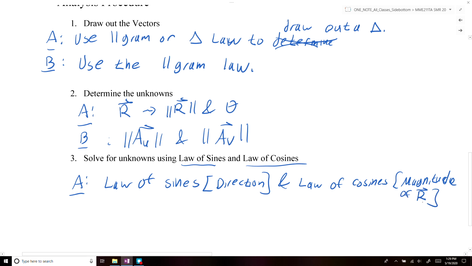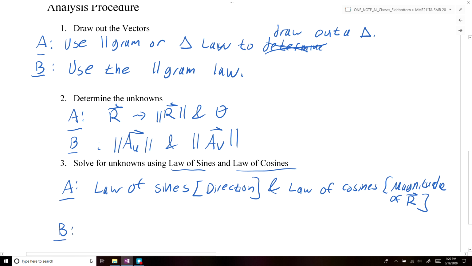For the second problem, where we're finding the components about a set of axes, we'll use the law of sines to determine the magnitude along the u-axis and the magnitude along the v-axis. In the next few videos we're going to do examples of each of these types of problems, and show how you can apply the law of sines and the law of cosines to solve for the magnitude of a resultant force and also the magnitude of the components along the u and v axes.